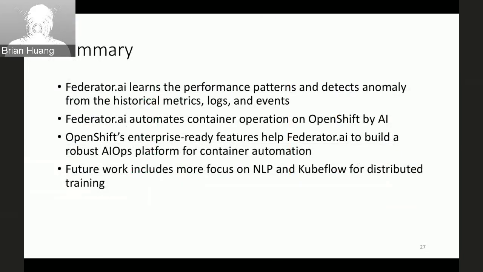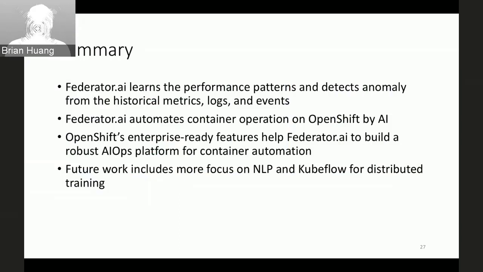Okay, in summary, we use our FigureDAI to learn the performance patterns and detect anomalies from the historical metrics, logs, and events. And based on the performance, we use Kubernetes mechanisms such as scheduler, horizontal autoscaler, and vertical scaler to provide the container operation automation.